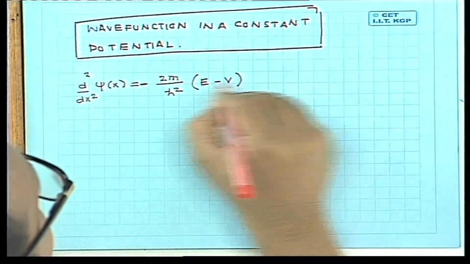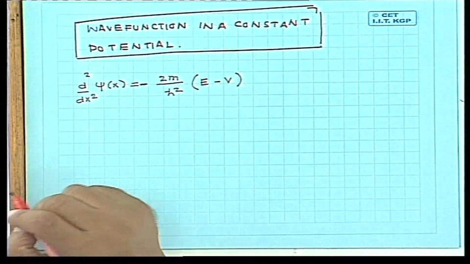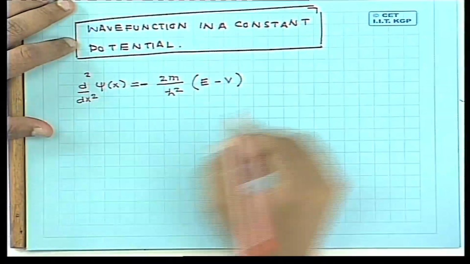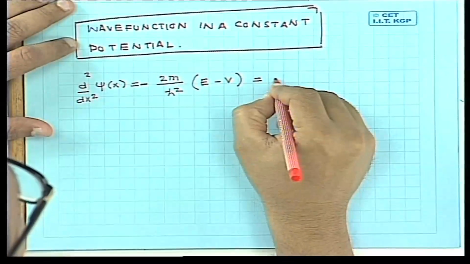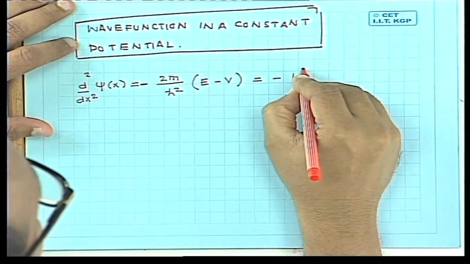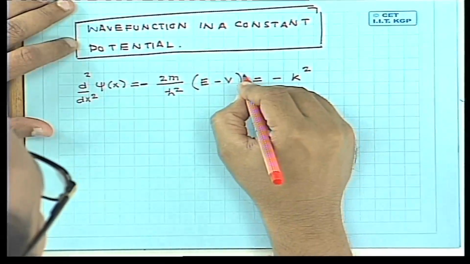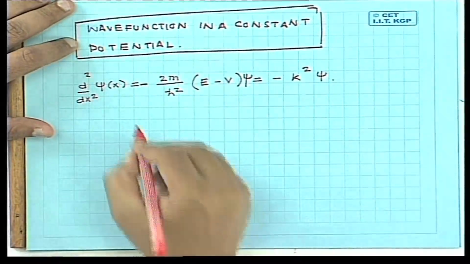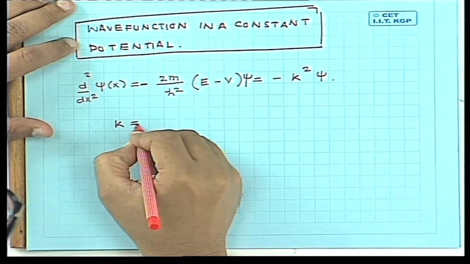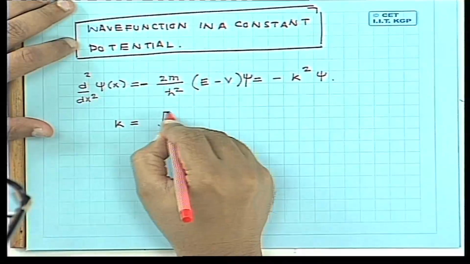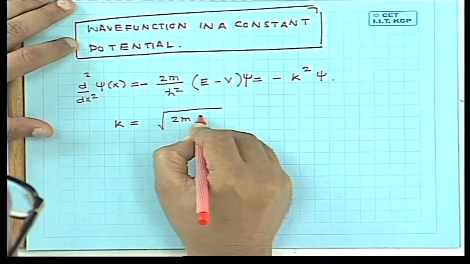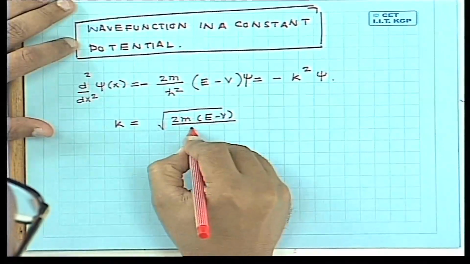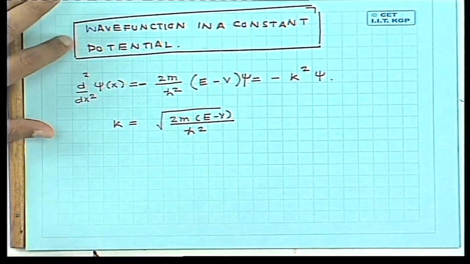And if I define this whole thing to be k squared, like we have done in the situation which we considered just earlier where V was 0, then this is equal to minus k squared psi, where k is equal to the square root of 2m times E minus V by h cross squared.